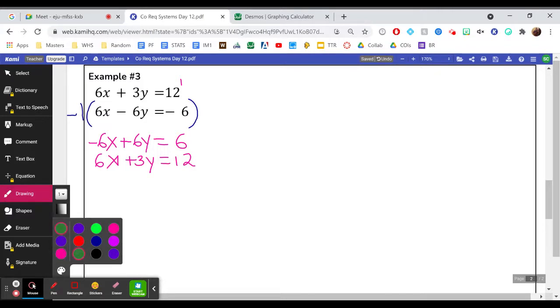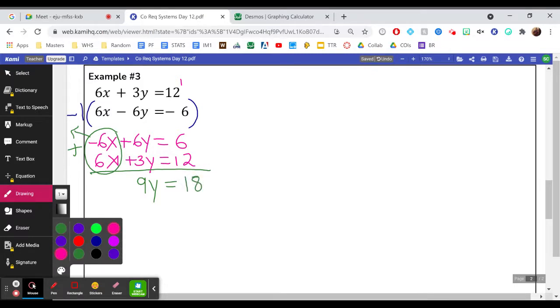Okay, so at this point, I'm able to add the two equations, and -6x and positive 6x is a zero pair, so it goes away. 6y plus 3y, that gives me 9y. And on the other side, 6 plus 12, that gives me 18.